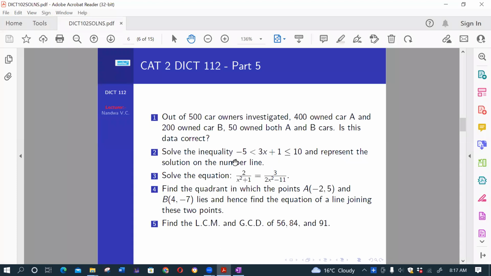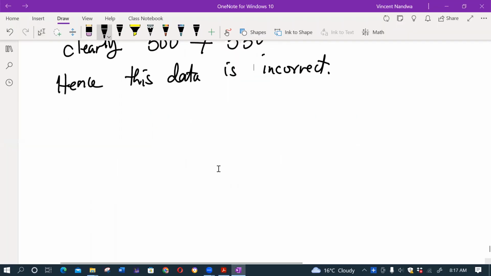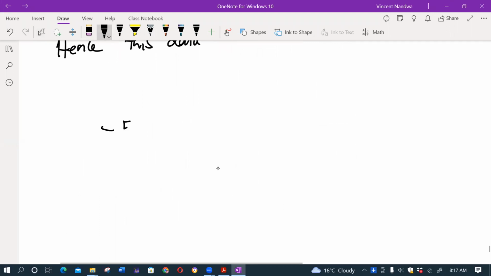Next question: solve the inequality and represent the solution on the number line. So we have -5 less than 3x plus 1 less than or equal to 10. The easiest way to solve this is to remove this constant here by subtracting 1 on either side.